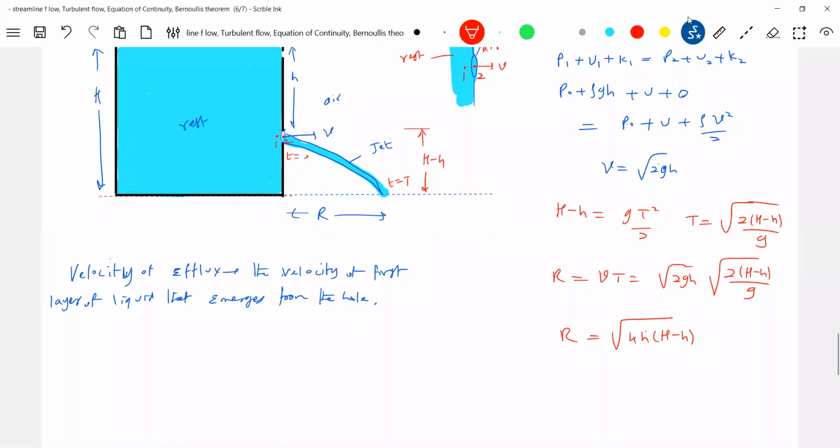Okay, now let's differentiate. Anything we get, we'll see. dR by dh is equal to 1 by 2 root of 4h(H minus h) into 4H minus 8h.